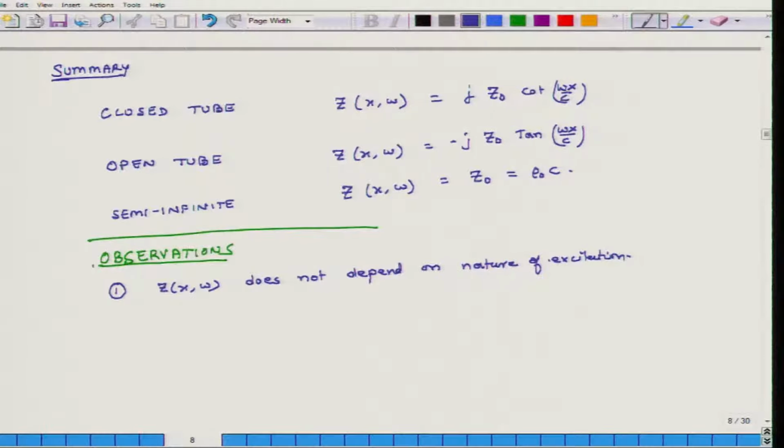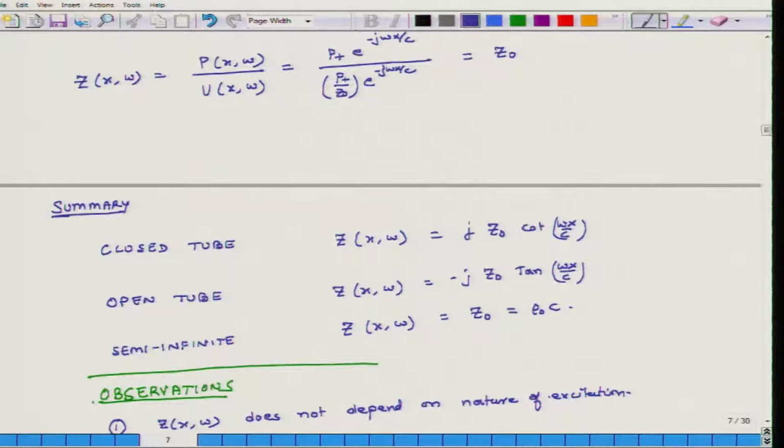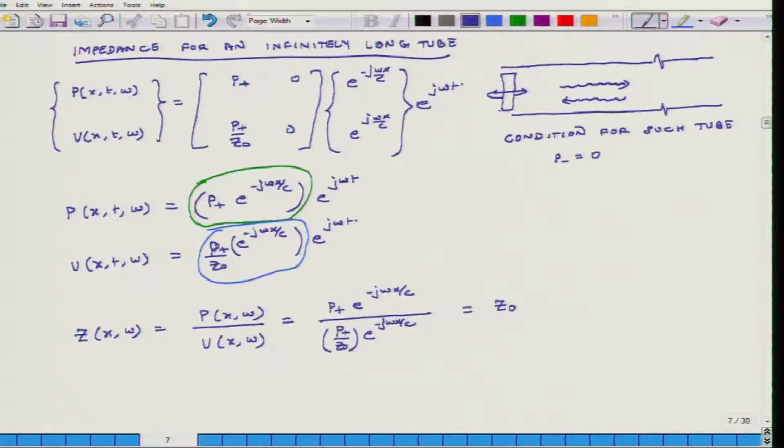What does that mean? What that means is, see, when we were calculating this value of Z in all the three cases, I did not even specify what conditions exist due to the piston, right. This is one boundary condition which is there. Okay.